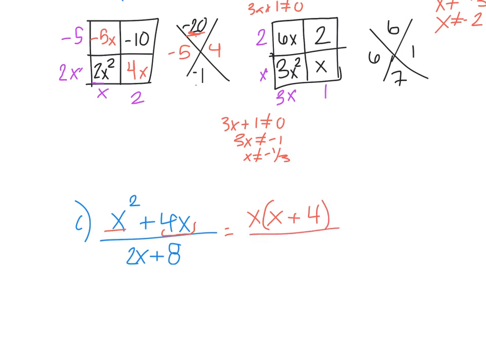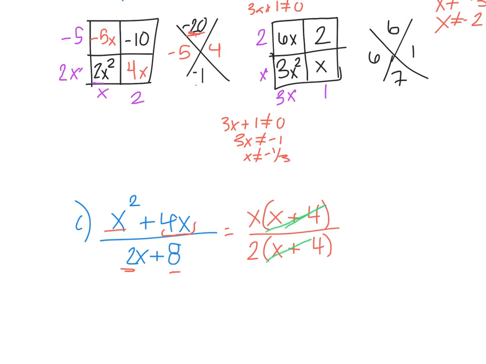In the denominator, it's not a quadratic, but there's definitely a common factor of 2 because we've got 2 and 8. So when I factor a 2 out, my result is x. When I factor a 2 out of 8, it's 4. So I factor both of these, and I'm left with x times x plus 4 divided by 2 times x plus 4.